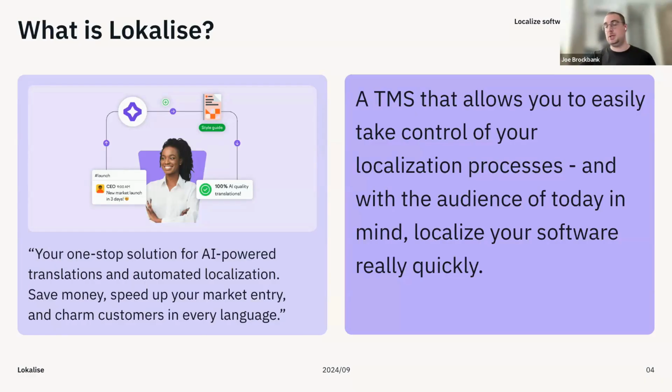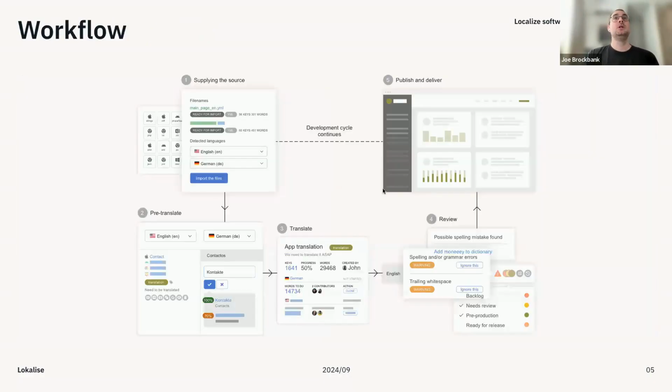So instead of using maybe Google Docs or an Excel spreadsheet, and these are all flying all over the place, getting checked by this, that, and the other, what we do with Localize is combine it all into one place, allowing you to add context, those style guides that I've already mentioned, glossaries, and also utilize AI, again, to make things much faster, a lot more automated, and speed up the process so that you're not waiting around for localization, because we do hear from a lot of our prospective customers that this can be a bottleneck. What usually happens when I'm talking to prospective customers or even customers is that it's just an inefficient workflow.